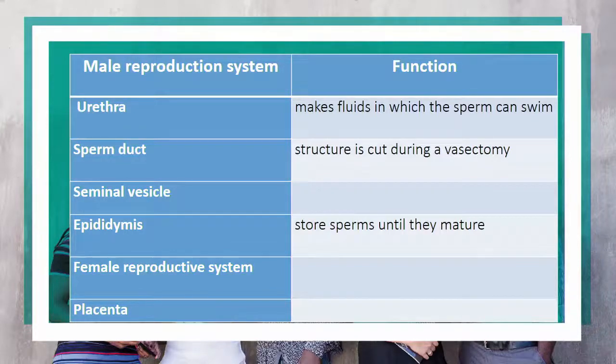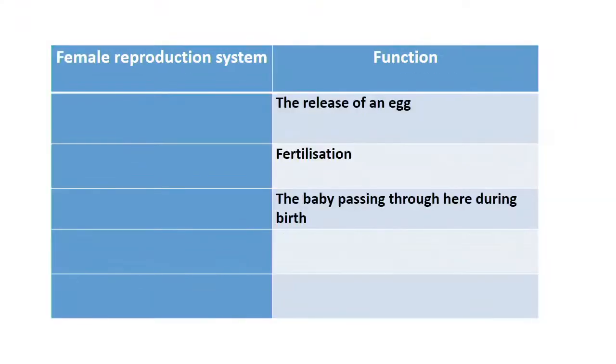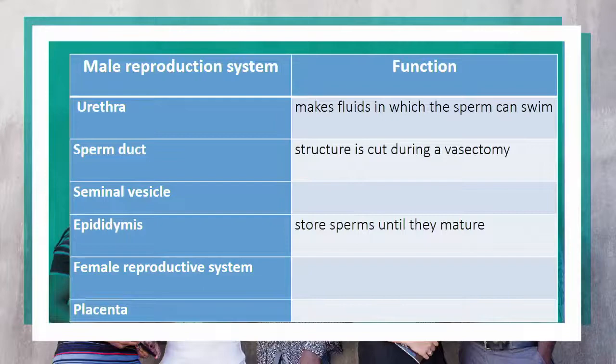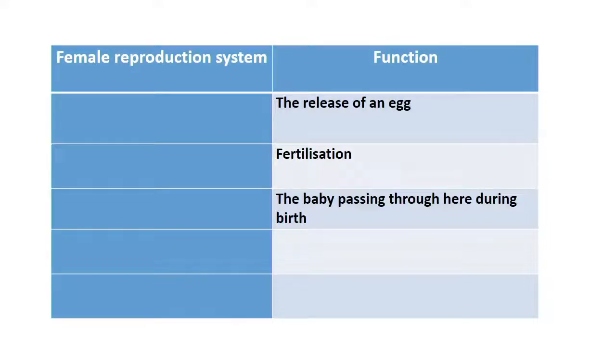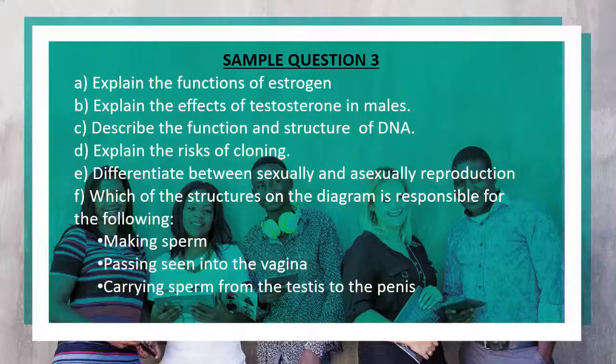You can make yourself a table like this also for the female reproductive system, or for example for the fetus, where you write down the part as well as the function. The same for the female reproductive system, the part and the function. Okay, those are the diagrams.